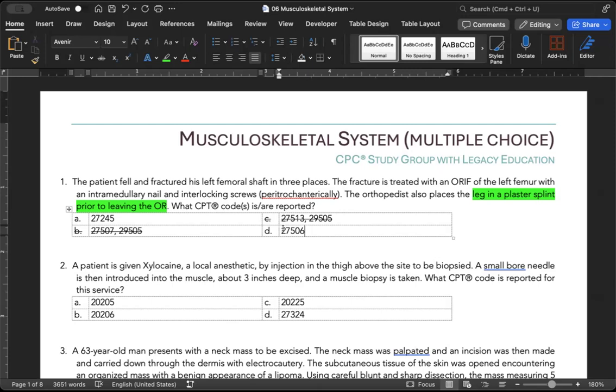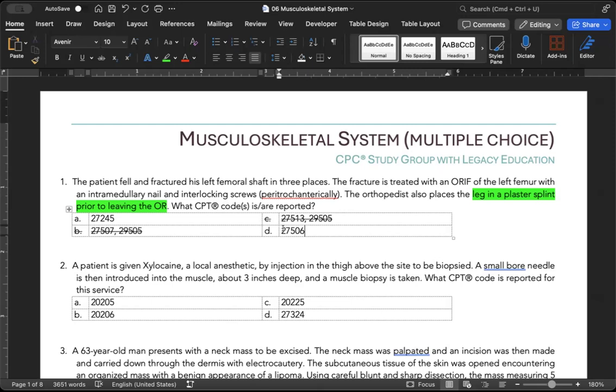Okay, Dawn says 27506. Tansy says 27506. So 27506 because everyone is saying that. And this is where you have to be really careful with your wording, because these look very similar.